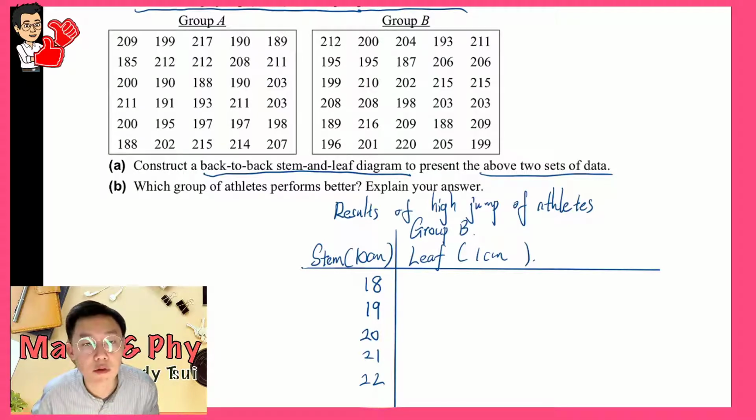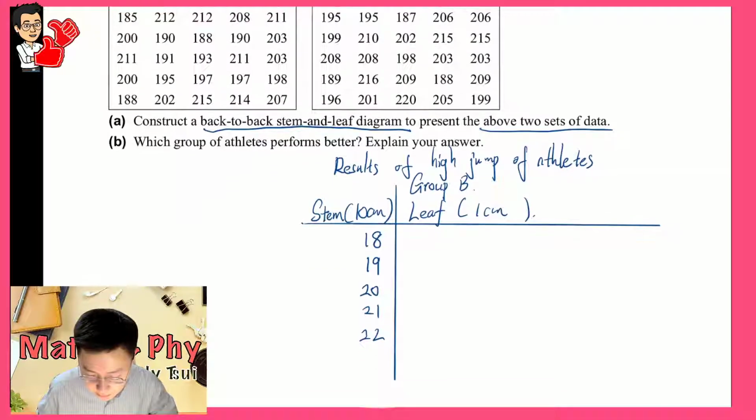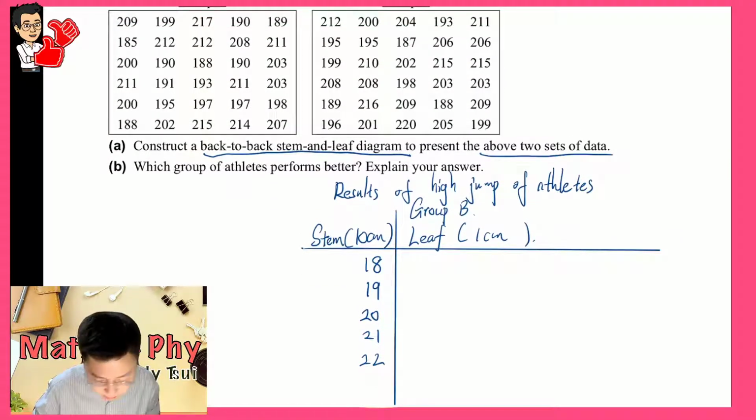If you want to draw group B, it's just like the usual stem and leaf diagram as we learned before, so I copy the answer for you.